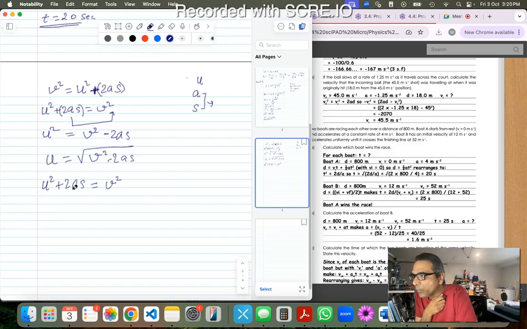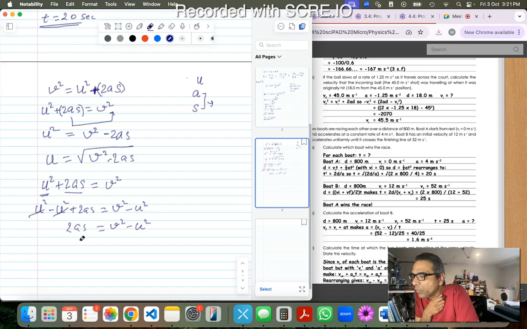Now we are not doing anything from here, we are doing something to here. So let's do that: u square minus u square plus 2as equals v square minus u square. This will become 0, and this will become 2as equals v square minus u square.